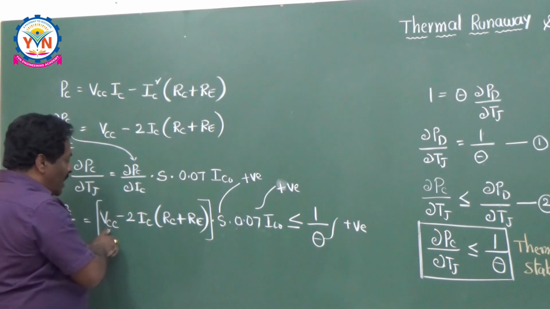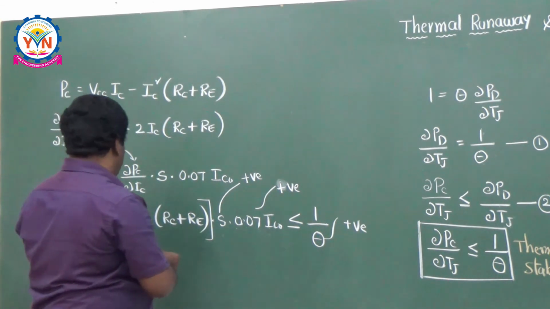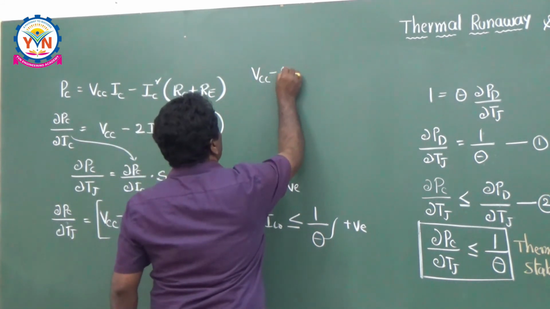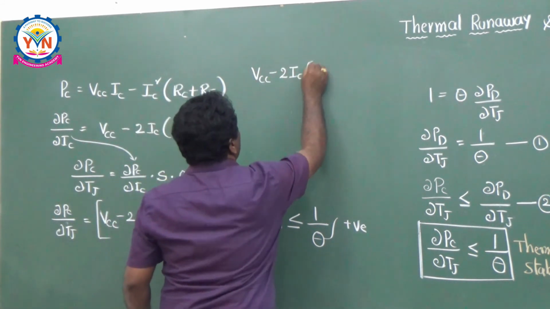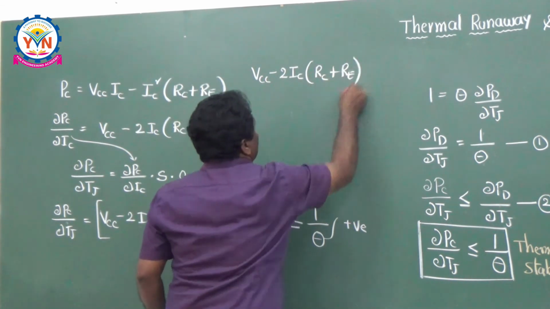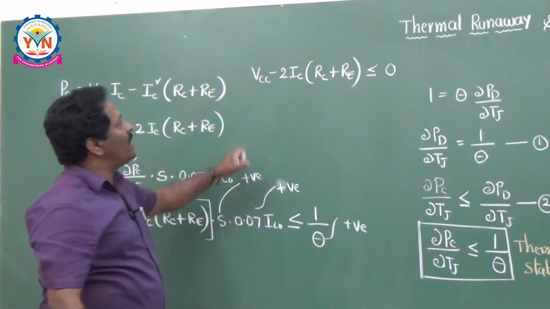That means it always should be less than or equal to 0. Therefore, I can write from this conclusion, VCC minus 2 times IC into (RC plus RE) should be less than or equal to 0. This is the condition required.